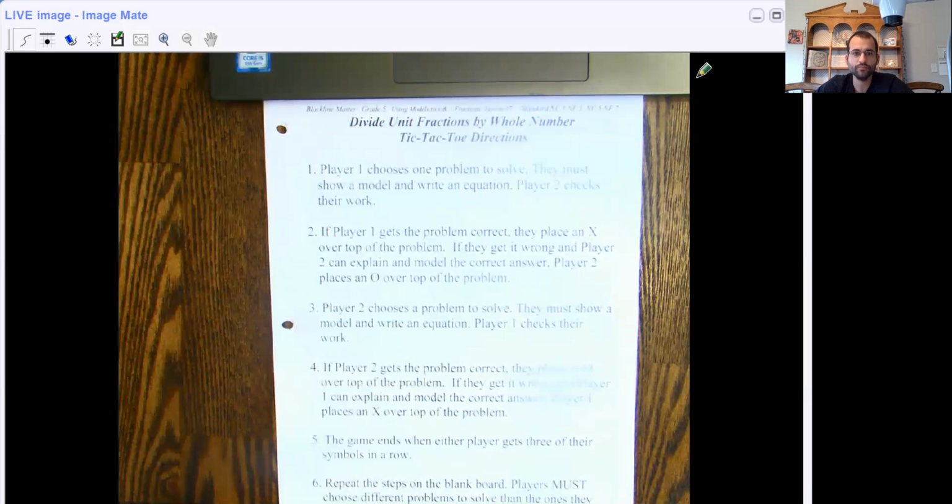We're going to be playing tic-tac-toe today to review what we went over before break. You are going to play tic-tac-toe, your teacher versus the class. I am going to show you how it's going to work, and then you are going to go from there, with the class picking a problem, then the teacher, and so forth and so on.